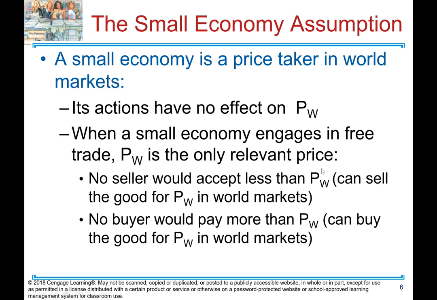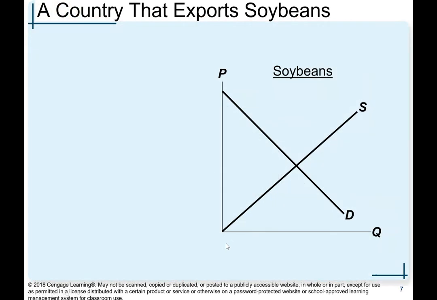Since it is very small, it cannot affect world price. In other words, it is a price taker. No seller would accept less than the world price because it can sell the good at the world price in world markets. And no buyer would pay more than the world price because they can buy all the goods they want at the world price.